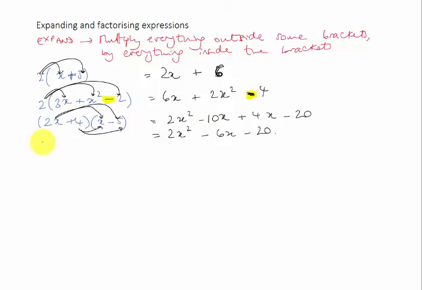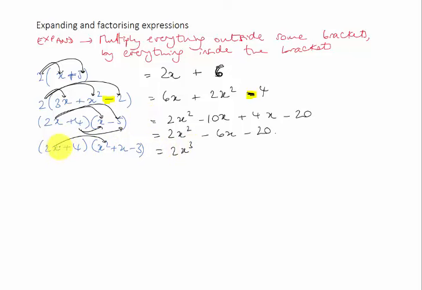And similarly, we've got something a bit more complicated again. So how about 2x plus 4 times x squared plus x minus 3. So here we get the 2x times x squared, so that's 2x cubed.